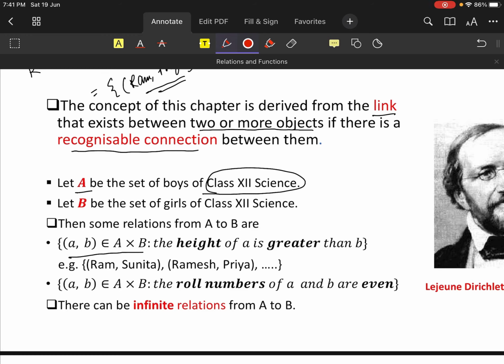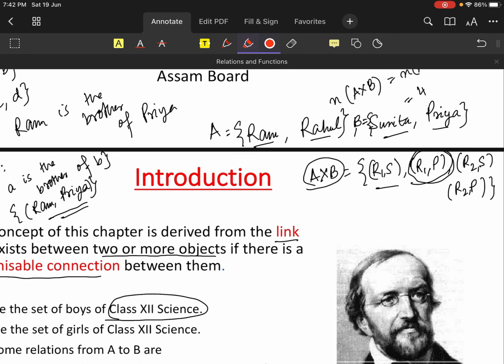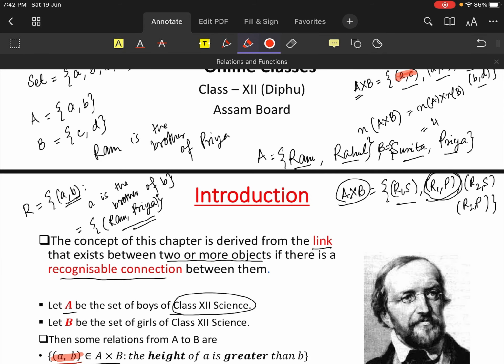The ordered pair which we are forming is an element of the Cartesian product A cross B. A cross B has all the possible ordered pairs of the sets A and B. There are no other ordered pairs which we can form, so all the possible ordered pairs are in A cross B.